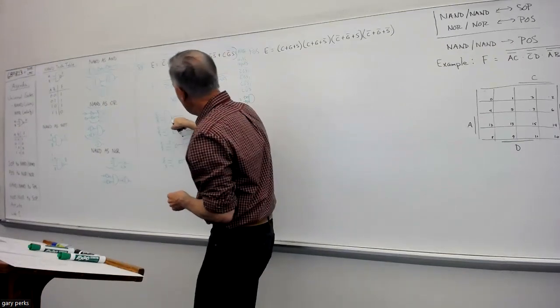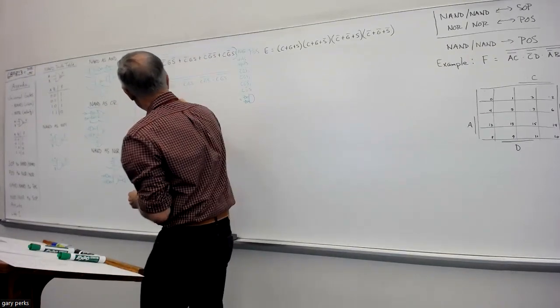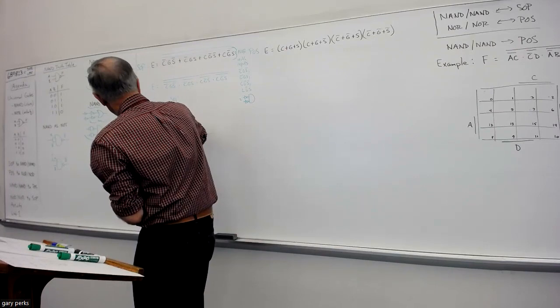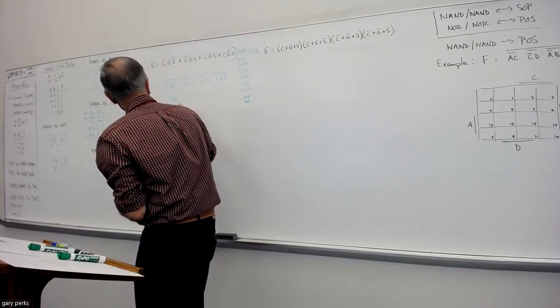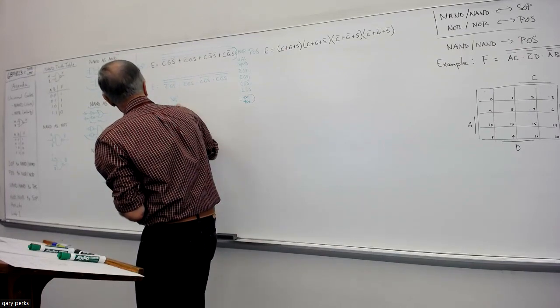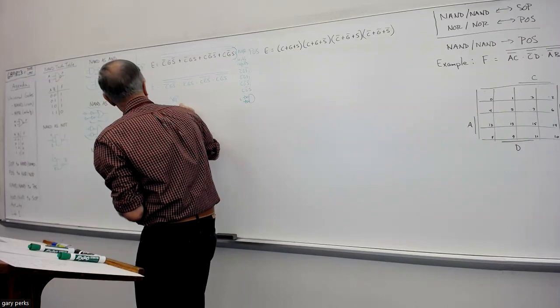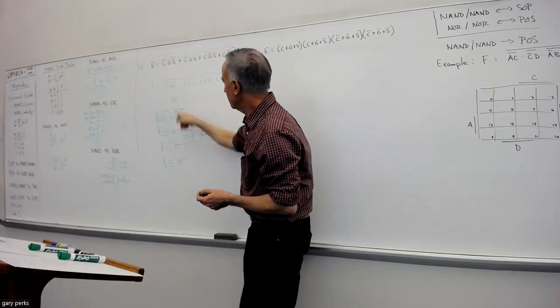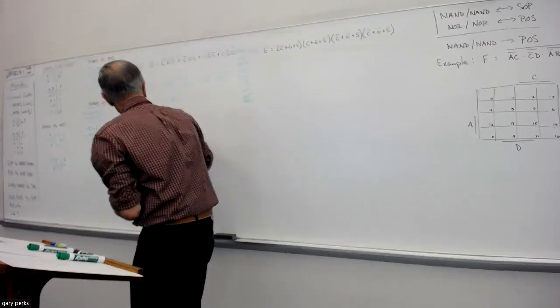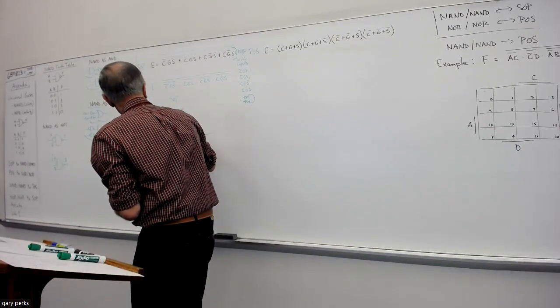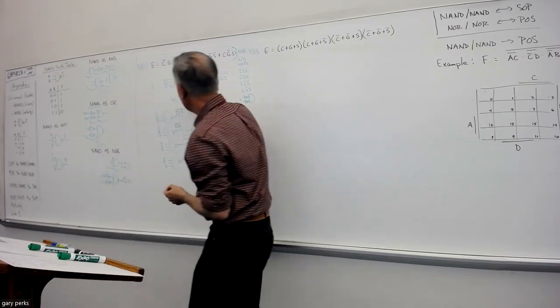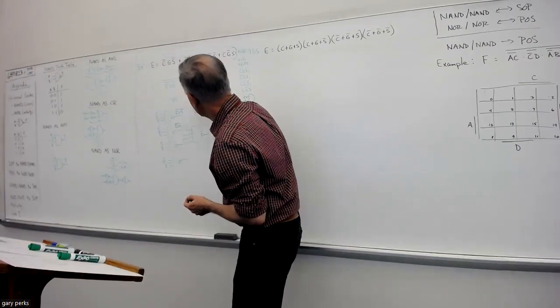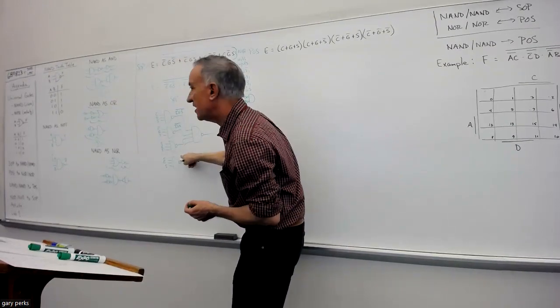So at the output of each of these NANDs, you're gonna have these inputs ANDed together and then all knotted. So for example, the output of this NAND will be that term. Right? And the output of this NAND here will be that term. This term is this output, this term is that output.